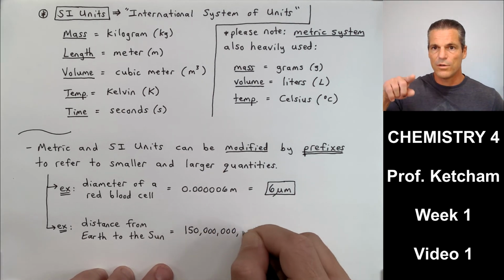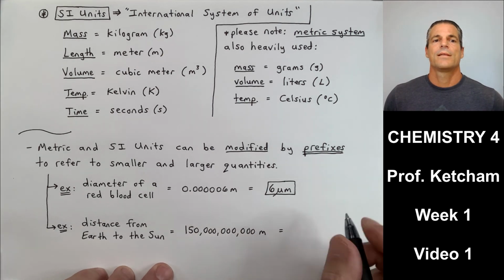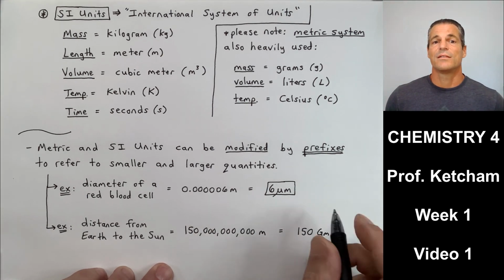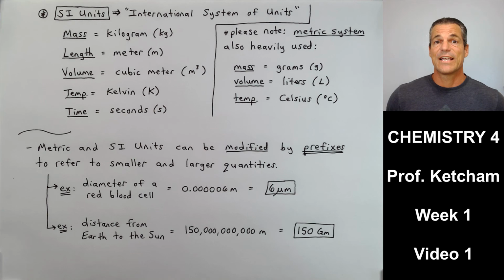That little curvy U is a micro. Example, distance from Earth to the Sun, 150 gigameters, or 150 and then 9 zeros meters. So you can see that prefixes come in very handy for putting our units into proper physical quantity amounts.